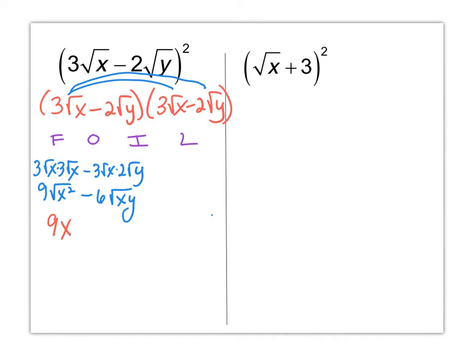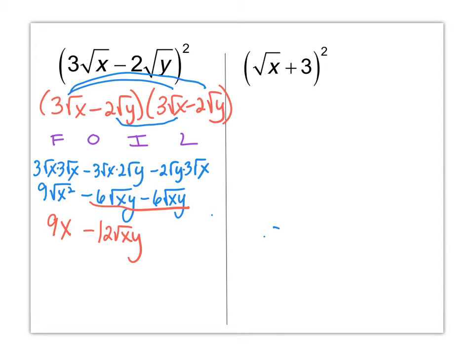The inner is negative 2 square root of y times 3 square root of x. And that can then be simplified by multiplying the coefficients 2 times 3 to get minus 6 square root of xy. And now notice that these two middle terms are like terms. The outer and the inner can be combined to minus 12 square root of xy.